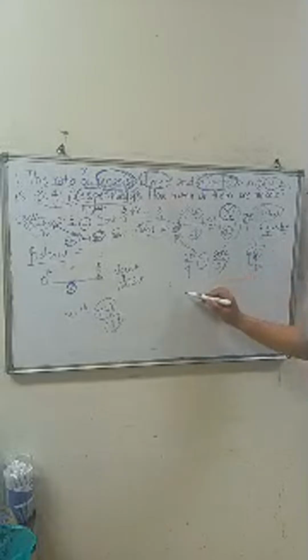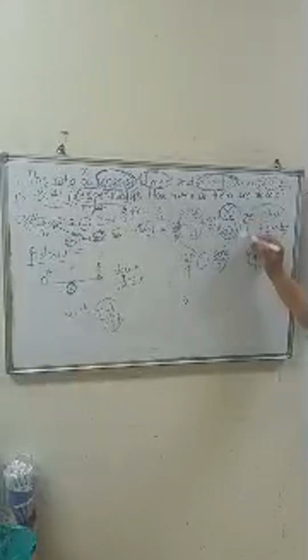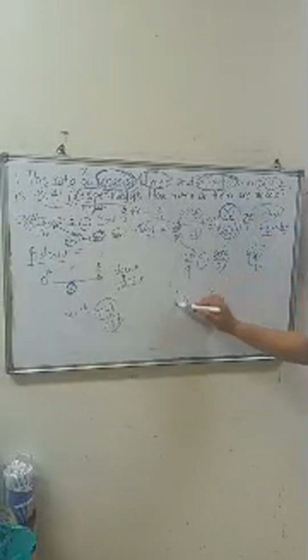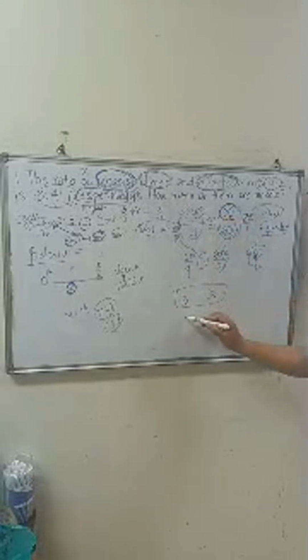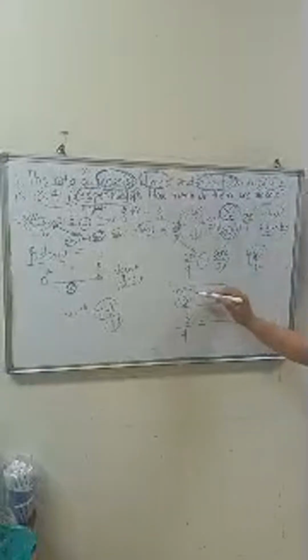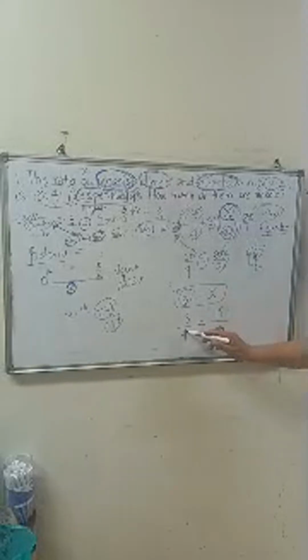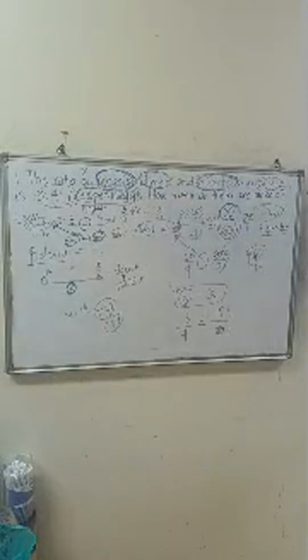So this is 15. 15 is equal to x over 20, so x is equal to 15. And then 3 over 4 is equal to x over 20, and your x is already 15. So 15 over 20. So we can say 3/4 is equal to 15 over 20. What does it mean?